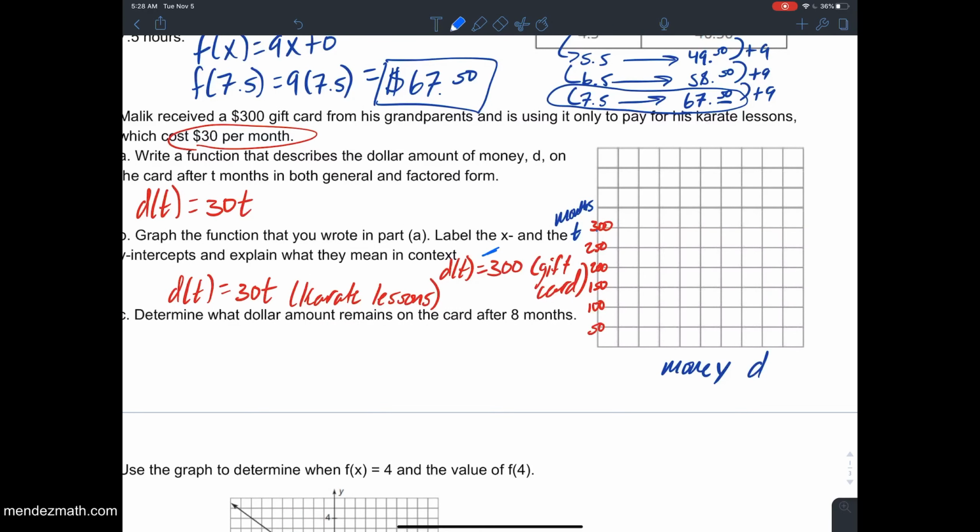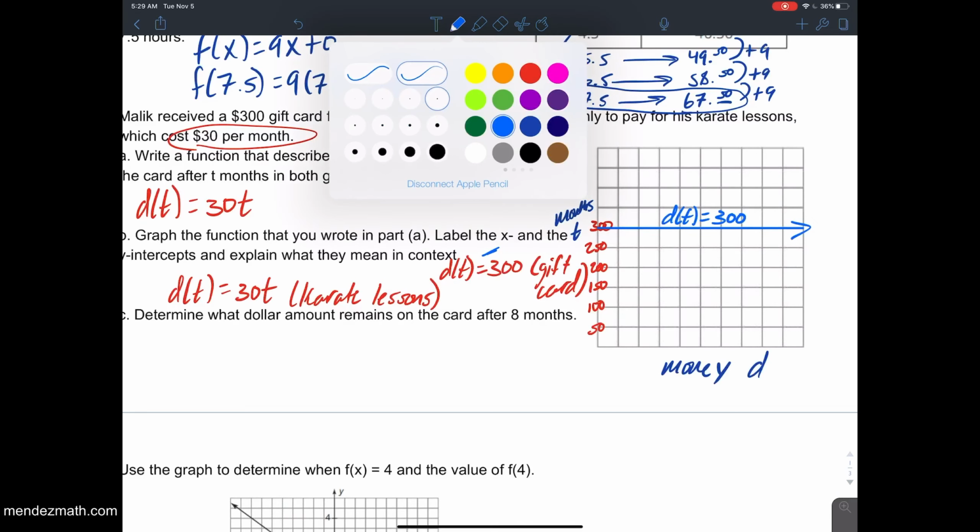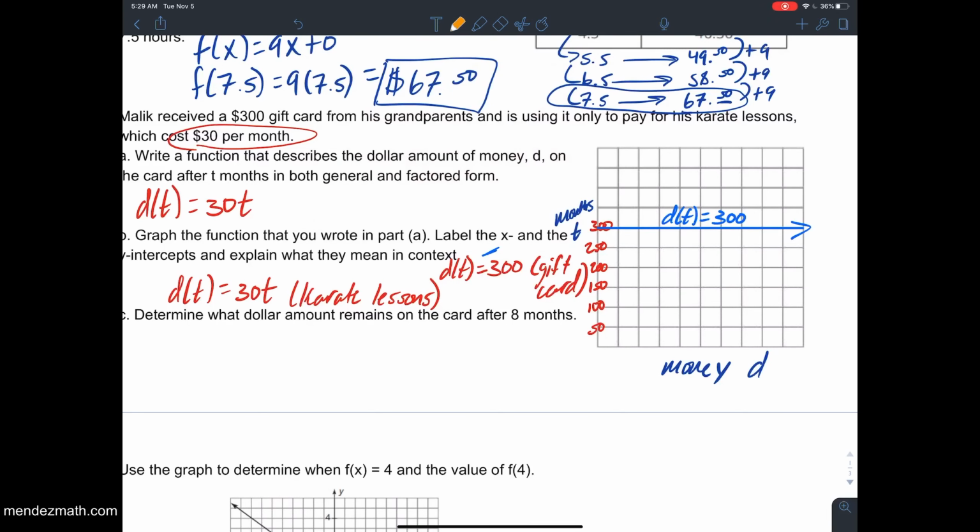If we go here, not a good line, but basically at 300, there we go. At 300, that's the line. And I'm going to go ahead and label that D of T equals 300. Now, this other one, this orange color, will be right here, 30T.